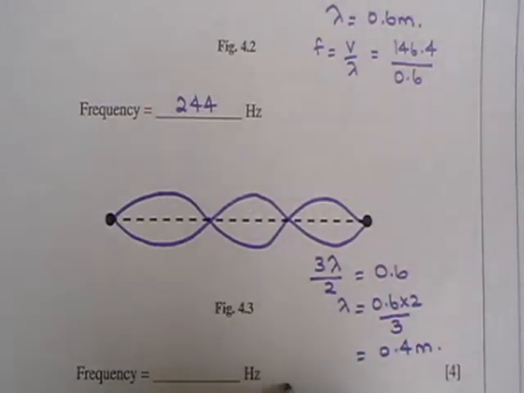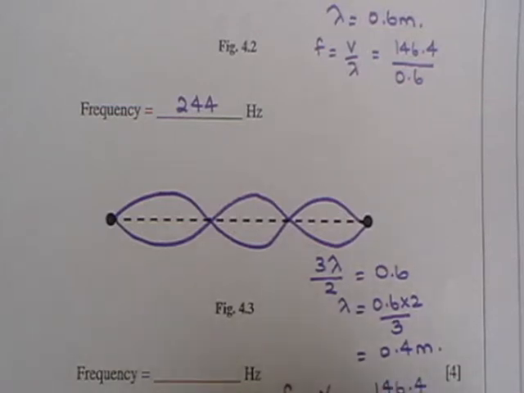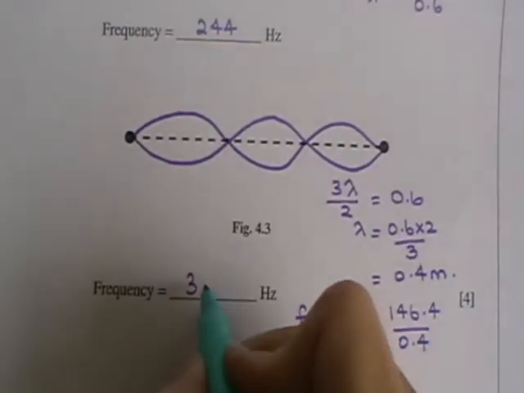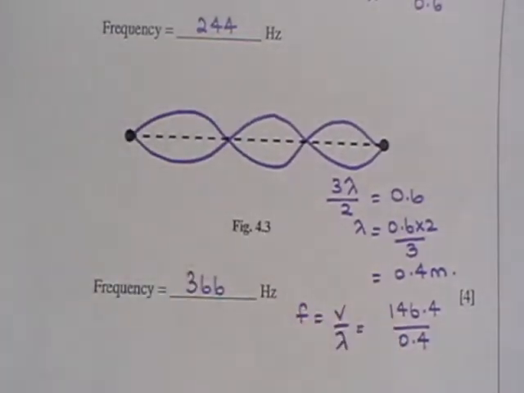And therefore f is equal to v over lambda, and v again is 146.4 divided by 0.4, and that comes out as 366 Hz. That is your answer.